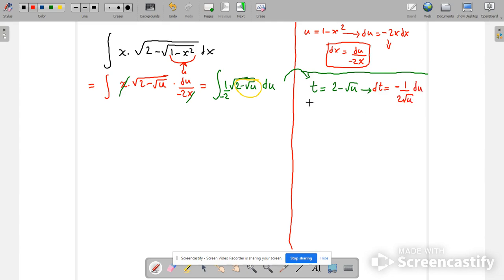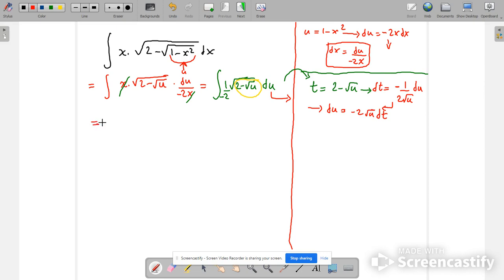Because in this integral we need to substitute something based on t for du, du can be extracted from here. So du is minus 2 square root of u dt, right? We can plug it here.